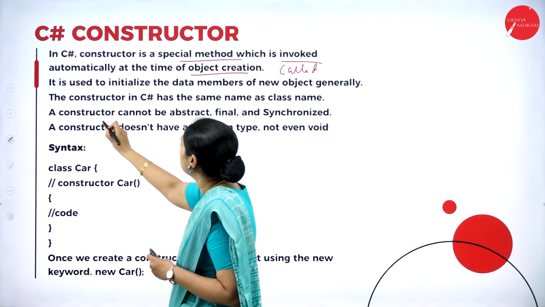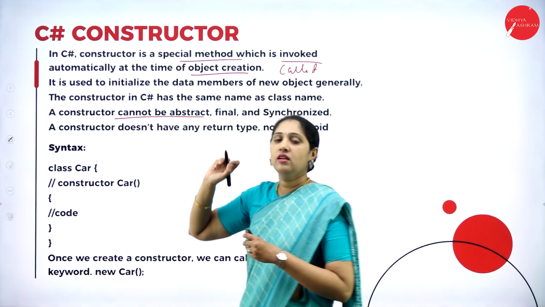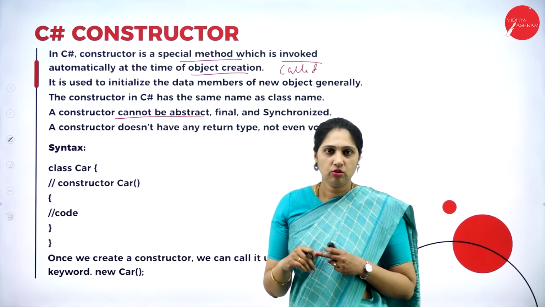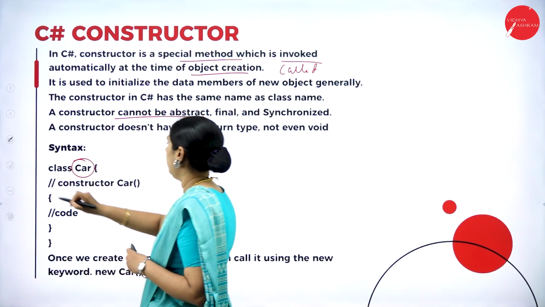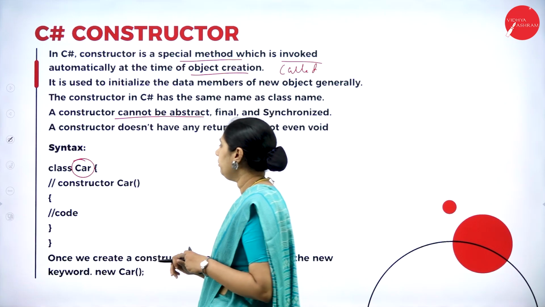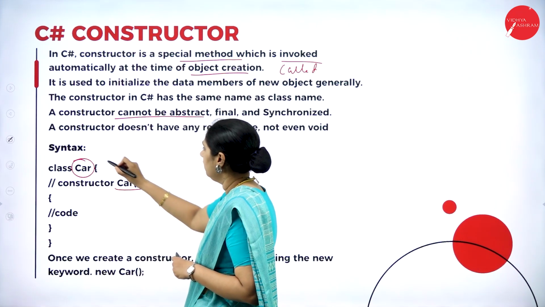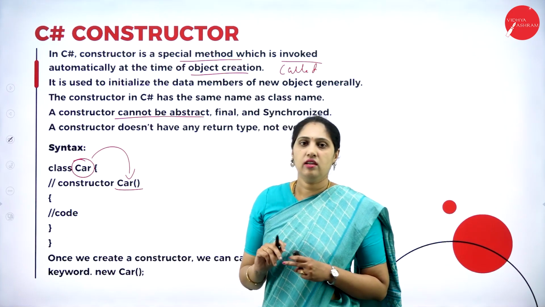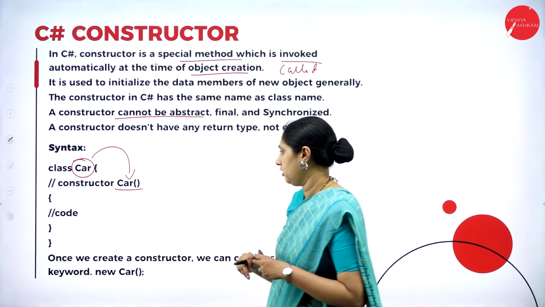So what this constructor will do is, what are the syntax to be followed? See, here I have taken the car, that is class name, followed by a constructor. See, this all is same. That is also car, this is also car. So it is nothing but a constructor.